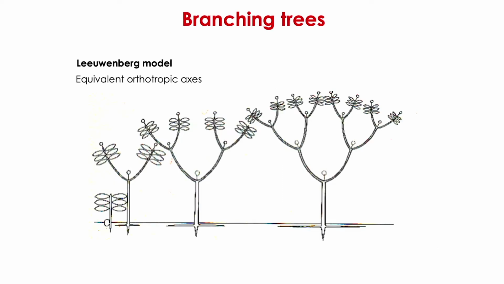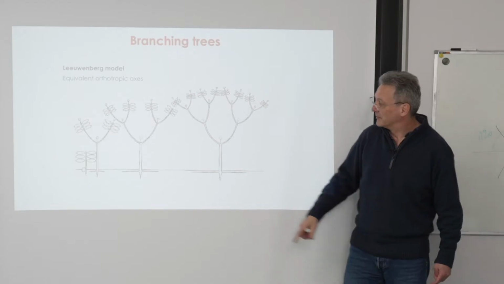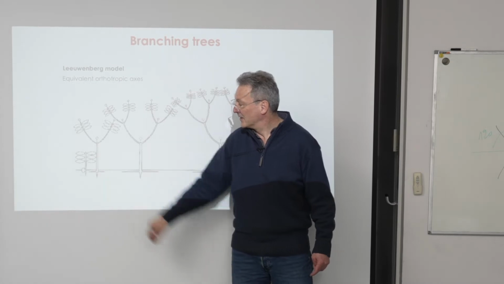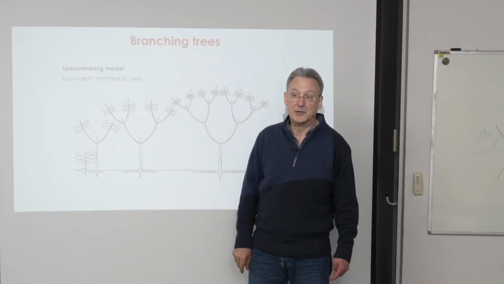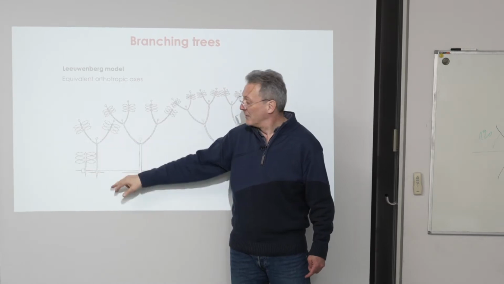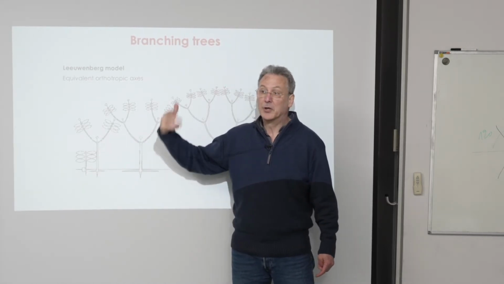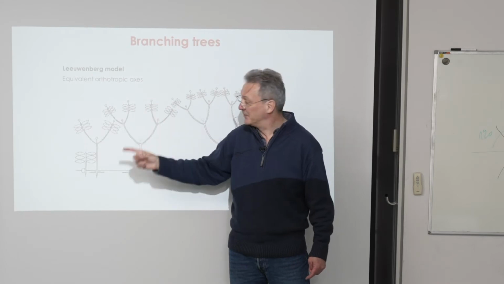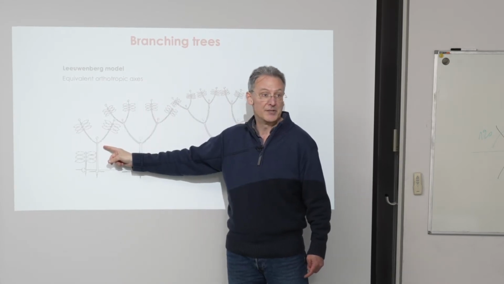You have other types of model. This is the Leeuwenberg model, where there is an axis that grows a bit similarly to the one before, and then takes a terminal flower. But contrary to the Holttum model that we saw before, the plant is able to make branches.